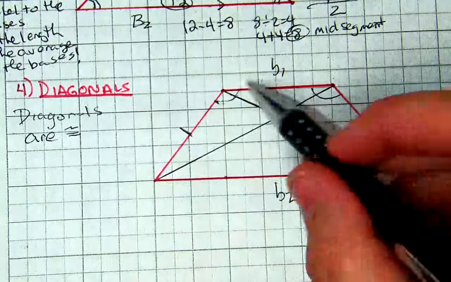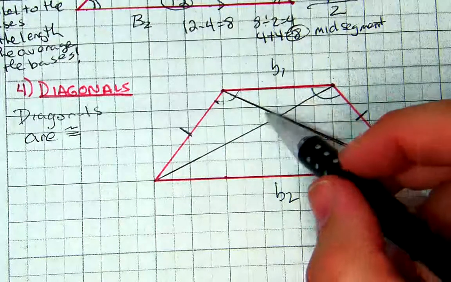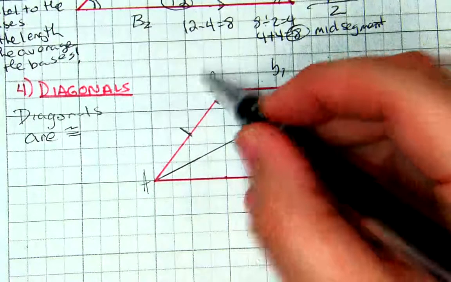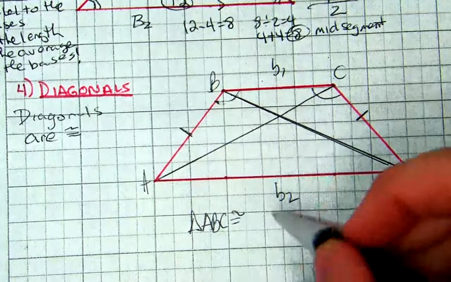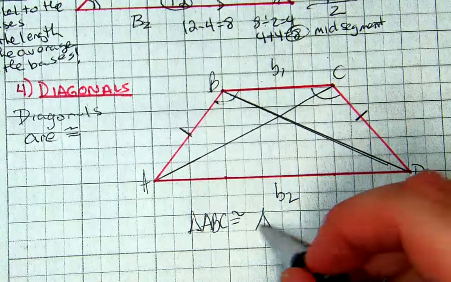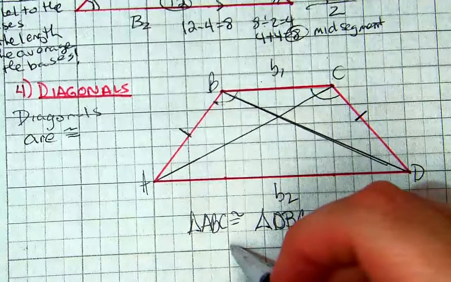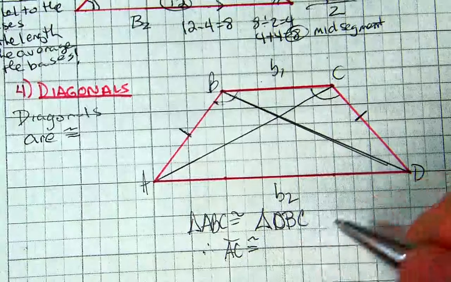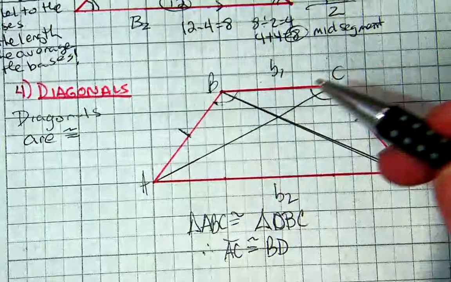So if you're dealing with this triangle right there, this triangle right there, and base 1 is a shared side, so you can say that the triangle ABC is congruent to triangle DBC, which then tells me, so therefore by corresponding parts, segment AC is congruent to segment BD. So those two diagonals are congruent.